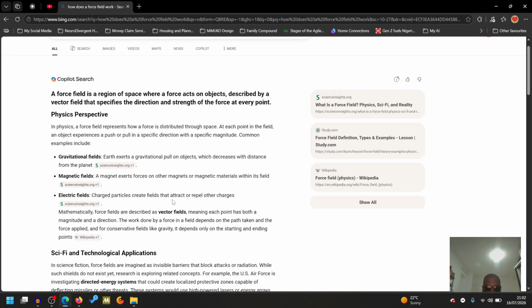But the problem with gravity is it's a pull. To have a gravitational force field, you have to negate the pull. You get a pull, so you have to have a push away from gravity, because gravity pulls things towards the center.